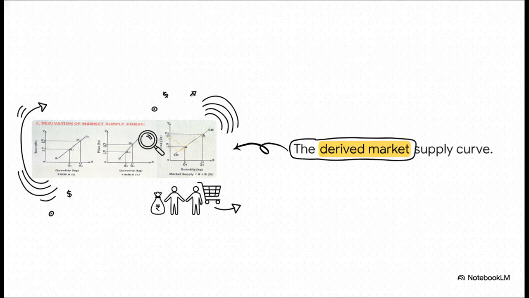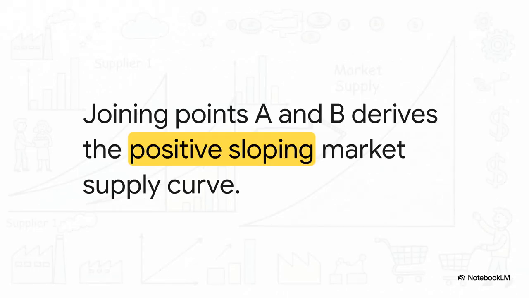Higher up at point B, at price OP2, our combined quantity is 2,700 kilograms. By simply joining point A and point B, we trace out the final market supply curve, SSM. It behaves exactly like an individual curve. It still slopes upward because of that profit incentive, but it visually captures the total productive capacity of every firm in the industry, all added together.